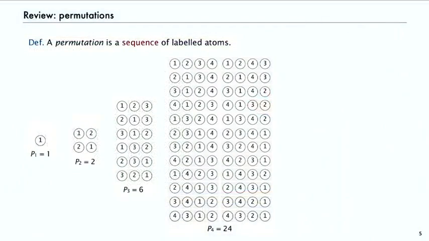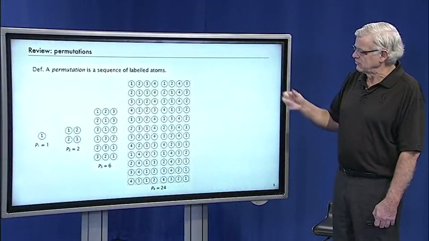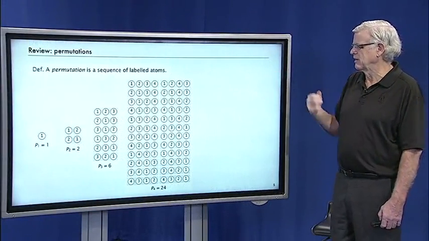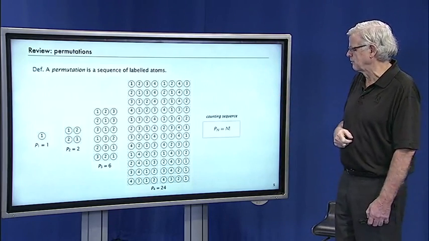We looked at those from the standpoint of analytic combinatorics as a sequence of labeled atoms, where each possible ordering is different. So there's 6 permutations of 3 elements and 24 permutations of 4 and so forth.